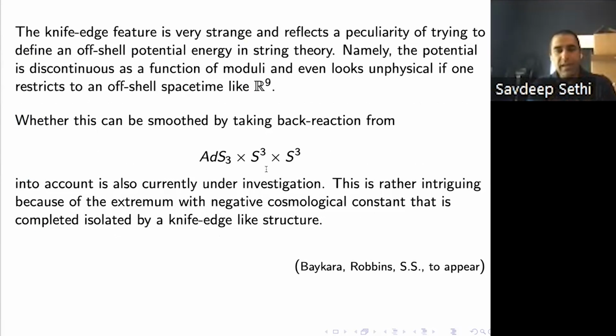But it might be the case that if you started with ADS3 cross S3 cross S1, which is a solution that's stabilized, and compute the potential, there might be an open set around each of these extrema in which the potential is smooth. That's something we're trying to check currently. And that would give a way to access, for example, that one special extremum that was completely surrounded by knife edge, the one that has a negative cosmological constant.